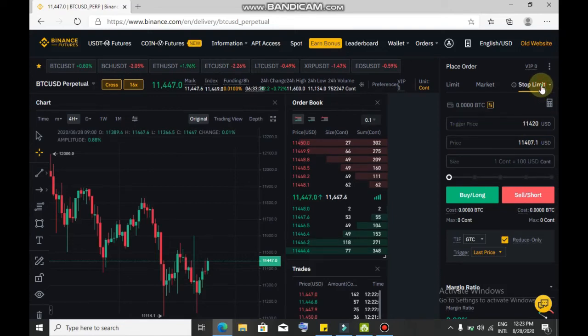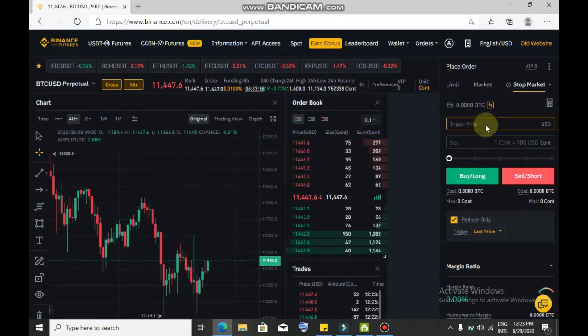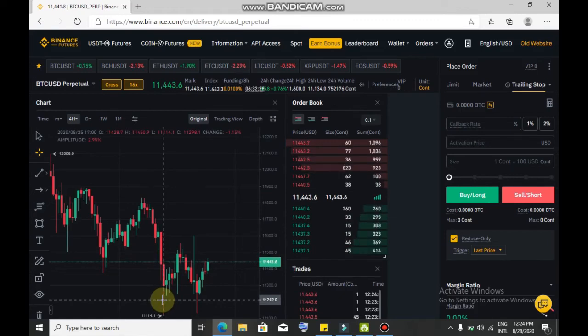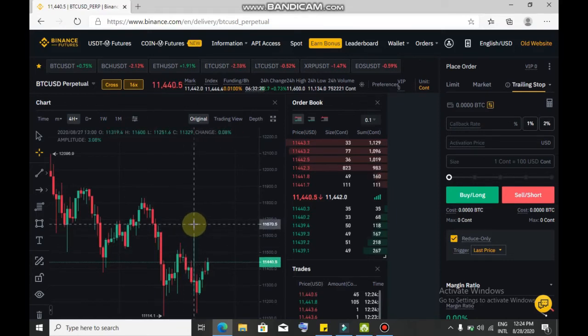When we go to stop market, it still means the same thing. When you put a trigger price, it is going to trigger at the best available market price. So imagine I say, okay, I want this to trigger at 11,400. You enter the short position from here and price pushes down, and you say, okay, I'm not getting out of the market, I just want to lock some of my profit, in case price retraces to a certain level, get me out.